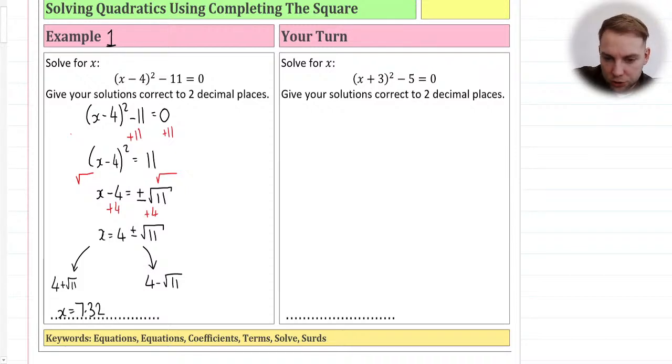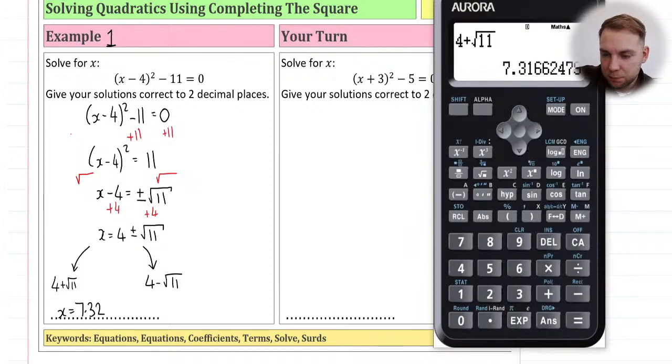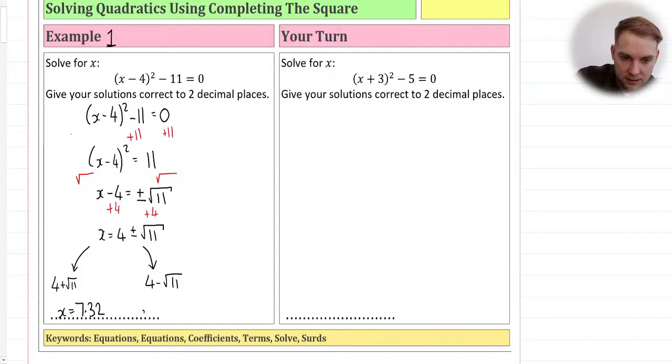And the other solution is this, but minus this. Now, it's not always the case that it's exactly the same, so just be careful with that. Well, I think it will be for these, but 0.68 for this. So x is equal to 0.68 there. So there's your second solution.